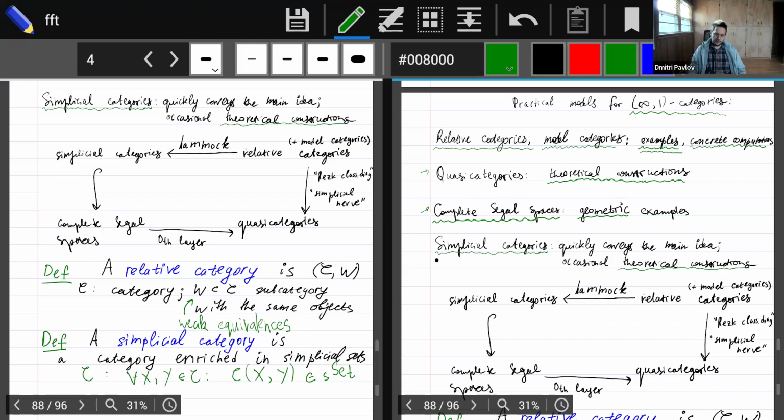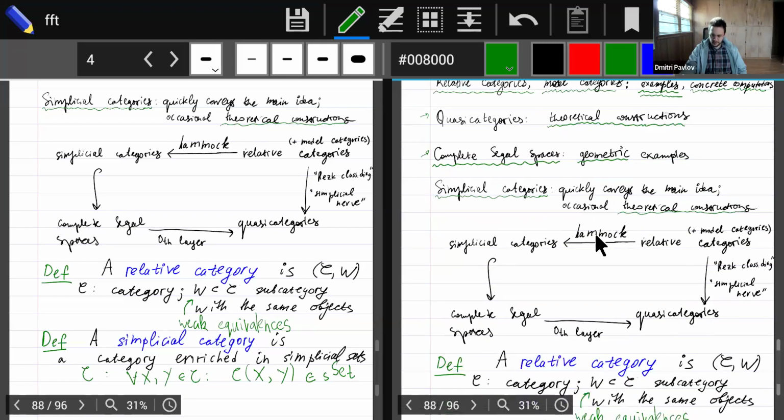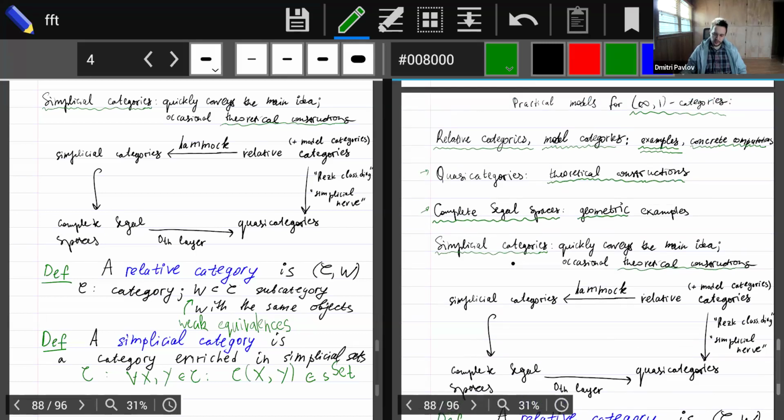And what better conveys this idea than a category enriched in simplicial sets? We have seen that simplicial sets are one of the many equivalent models for spaces. And there are many comparison functors between these models. So as I mentioned, or maybe I should mention explicitly, all these models are equivalent models, where equivalent will actually be explained a bit later.